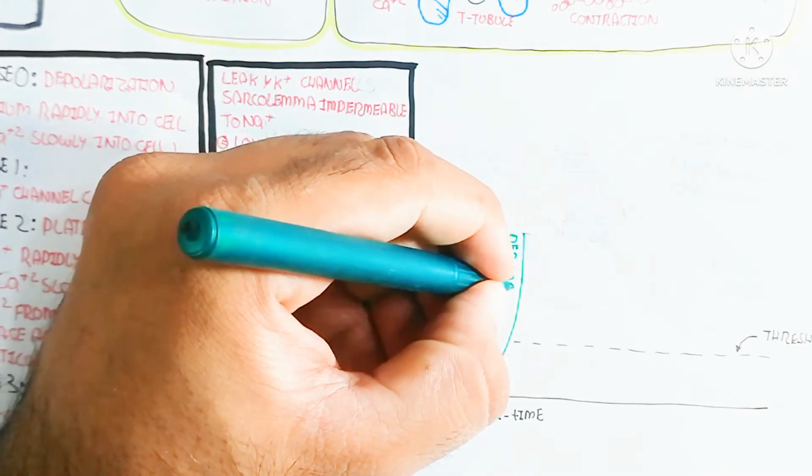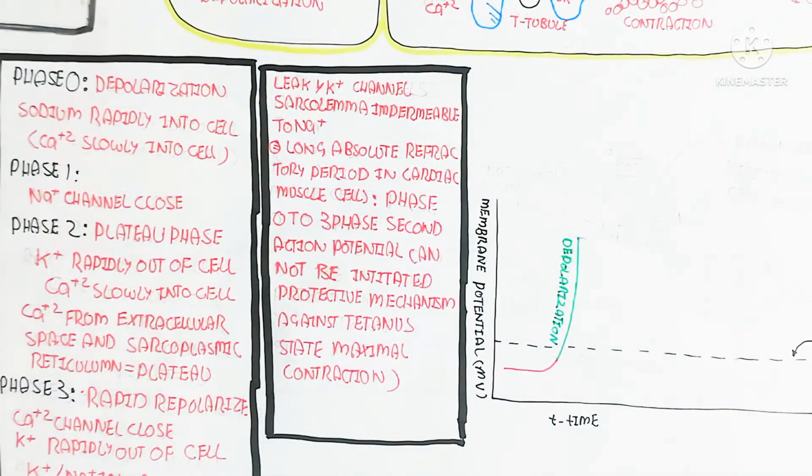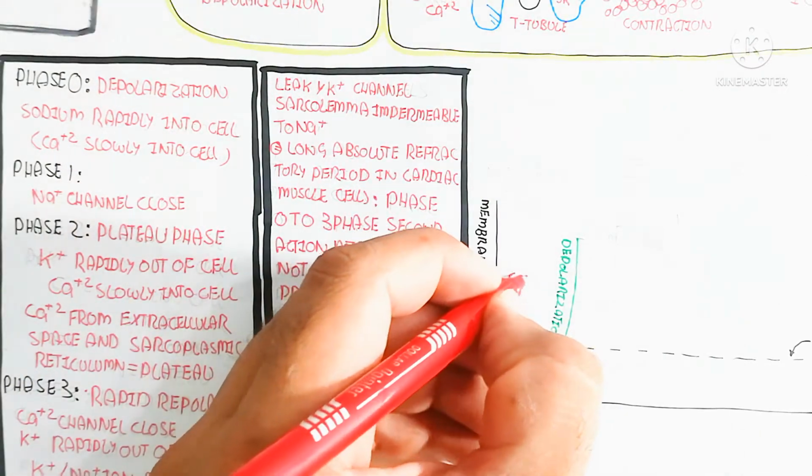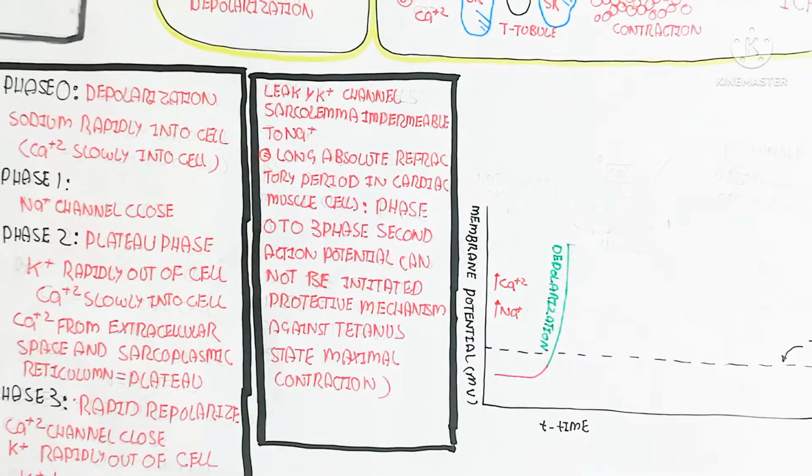This depolarization phase is phase 0. After phase 0, the sodium channel closes and phase 1 occurs.